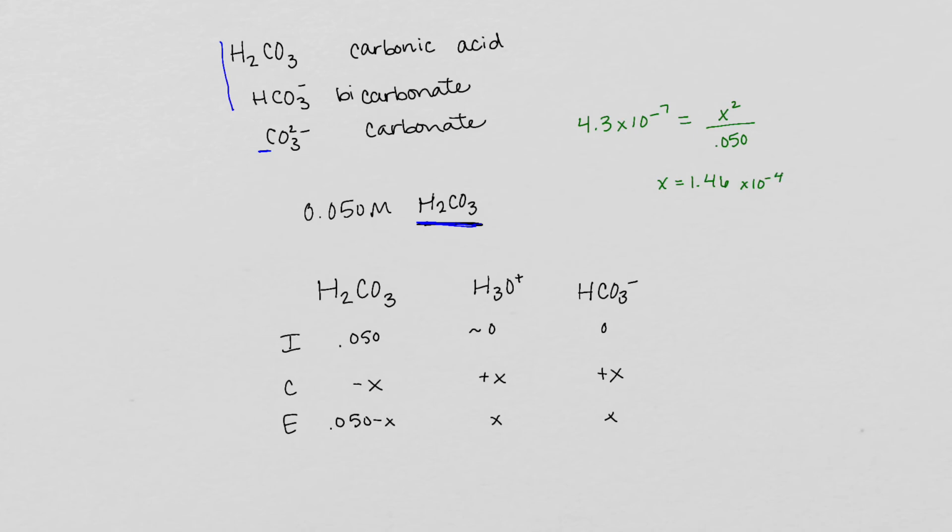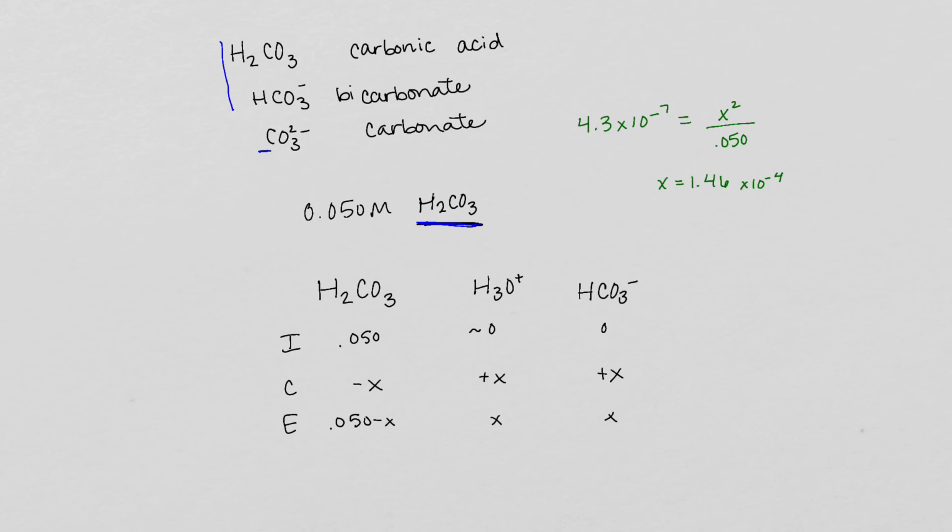And so I actually checked to make sure that I could use the X is small approximation, and I can, because when I take this answer for X here and divide by that, the percent is 0.2%. So it is completely valid to do. All right. So this means that my X value is here.